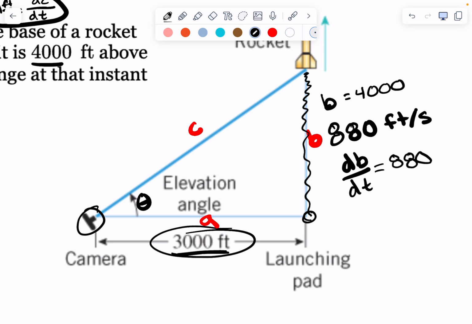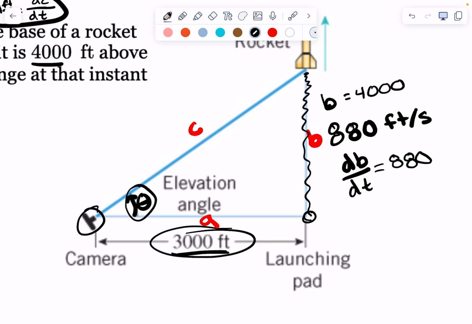So, if we're trying to figure out the rate of change of this angle, what's that called? What's the rate at which that angle changes called? That angle is named theta. I'm just trying to figure out what variable it's called. What are we going to call the variable that's the rate that this thing changes?